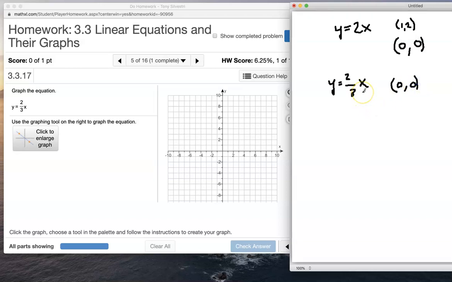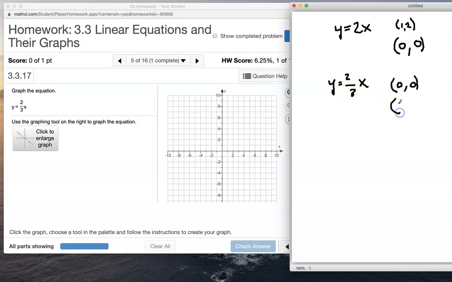Now the problem is this. The next easiest number would be 1, because 1 times anything is that anything. 1 times 2/3 is 2/3. The issue with 2/3 is I cannot plot y equals 2/3. You can only do whole numbers here. So when you get in that situation, you can get a whole number by simply making x equal to the denominator of the fraction.